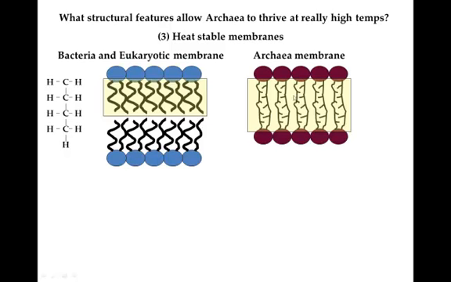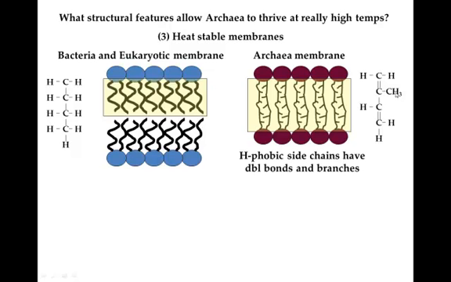If you look more closely at these bonds, however, you'll see something like this. You'll see the presence of a lot of double bonds, and you'll also see a lot of side chains. So it's these hydrophobic side chains with double bonds and branches that makes these archaeal membranes extremely stable.